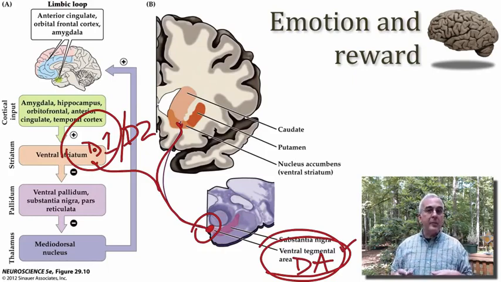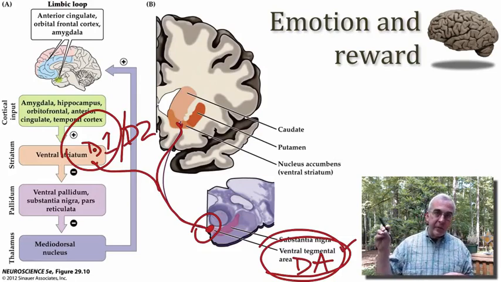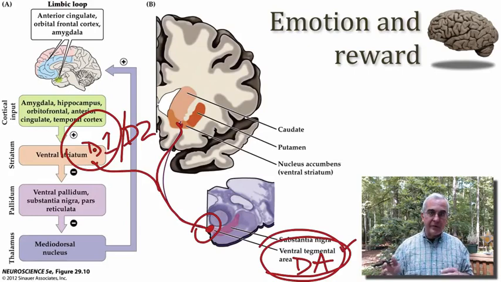But there's also an indirect pathway, not illustrated here for simplicity, where dopamine is going to interact with D2 receptors and suppress the firing of those indirect pathway striatal neurons. And together, when dopamine is present, the D1 and the D2 receptors work synergistically in order to facilitate the activation of the thalamocortical connection.